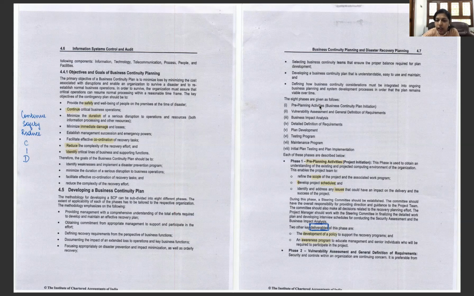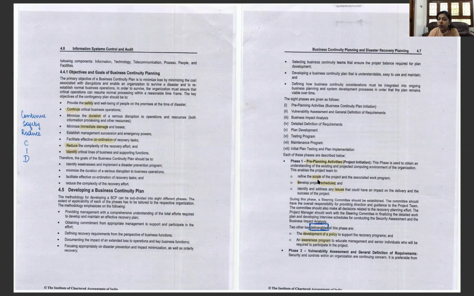Let us look at each thing one by one. First phase is pre-planning activities. We have a very popular saying, proper planning prevents poor performance. So everything is going to start with a sketch or a plan. What are we going to do here?